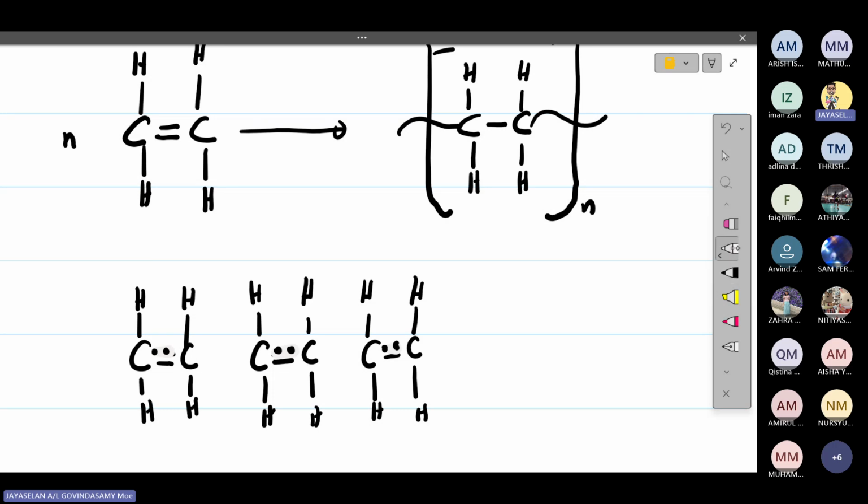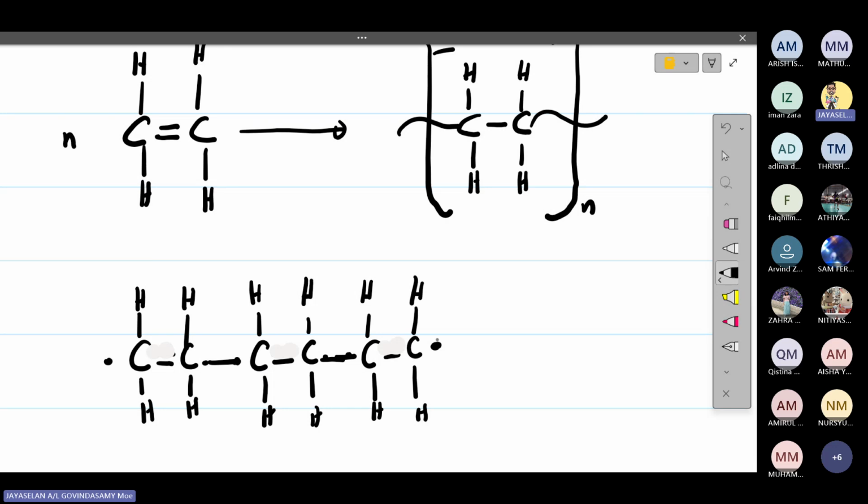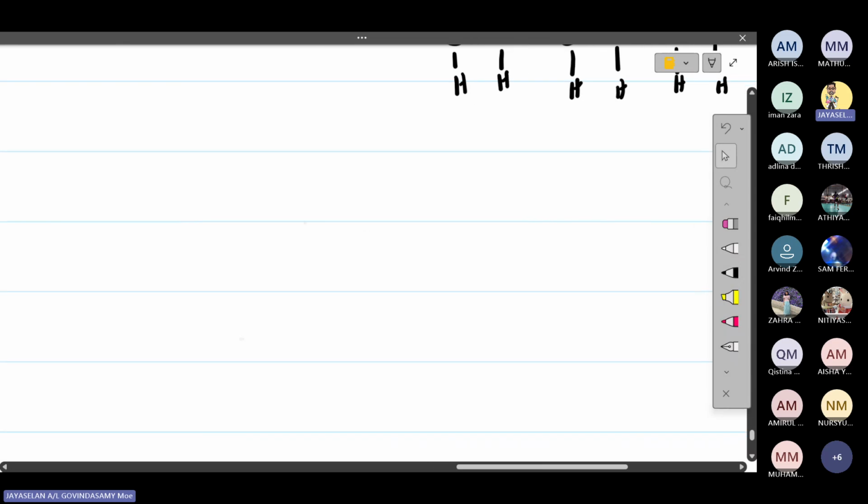Under high temperature and pressure, this electron moves here, and this electron moves to the left and right. They form radical molecules. So they combine and form a long chain. You no need to draw everything like this, they want like this only. Okay, I do one more example.